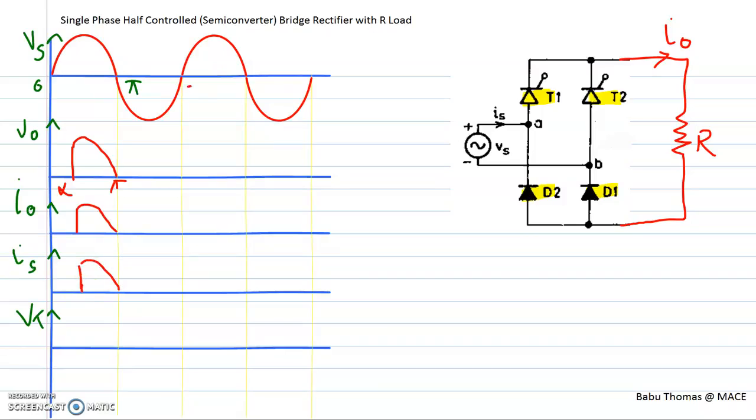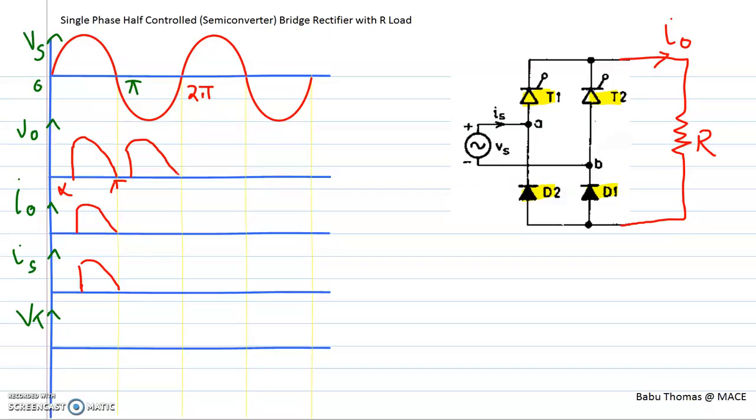Then from pi to 2 pi, when the source voltage Vs goes beyond the angle pi, the thyristor T1 and the diode D1 are both reverse biased. Since the diode D1 is already reverse biased, the device will stop conducting, and therefore the load current will not flow through the diode D1 and the thyristor T1. Then at any instant I can trigger the thyristor T2, which is forward biased from pi to 2 pi, and at pi plus alpha I am going to fire my thyristor T2.